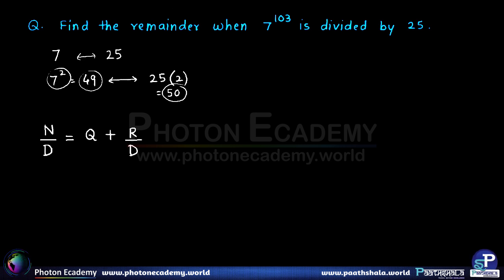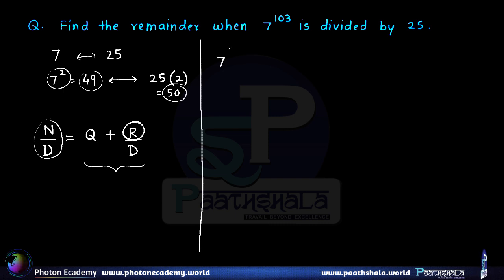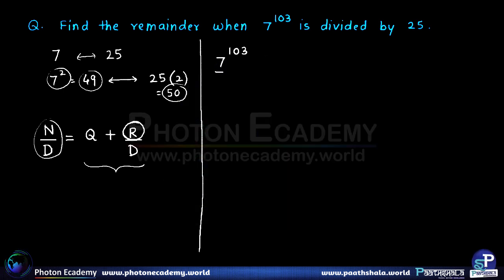So if we rewrite the number upon divisor in this particular form, then whatever is the number r here is nothing but the remainder. Therefore let us try to express 7 raised to 103 divided by 25 in the required format.